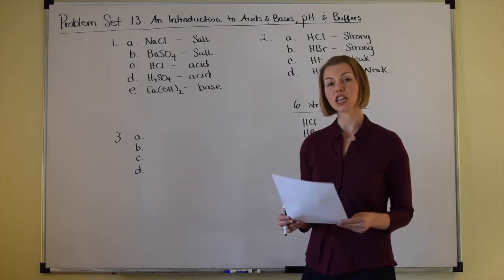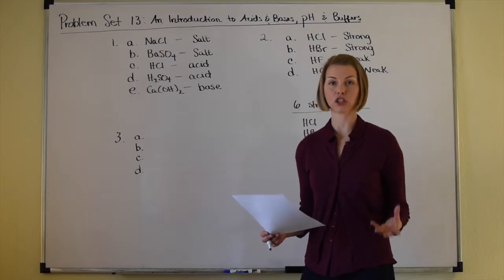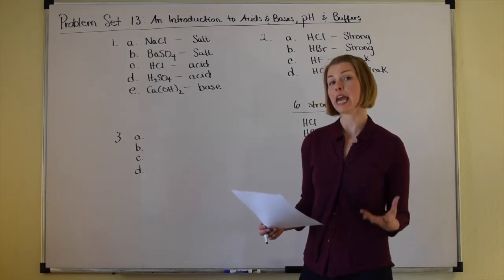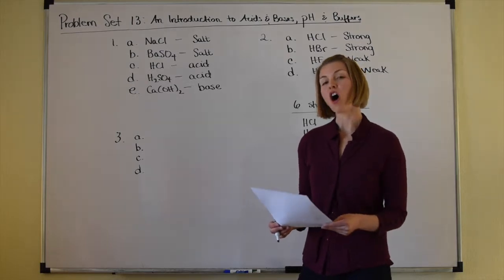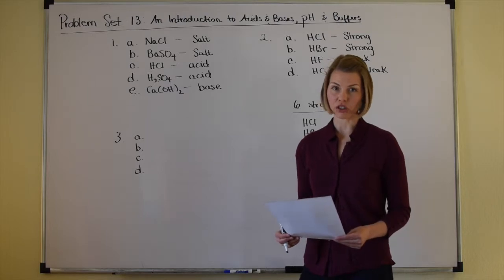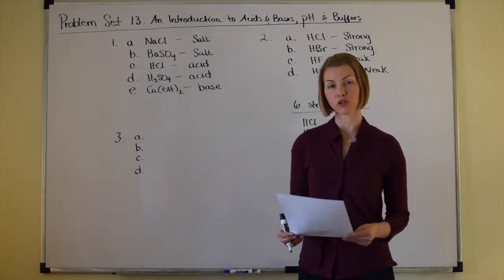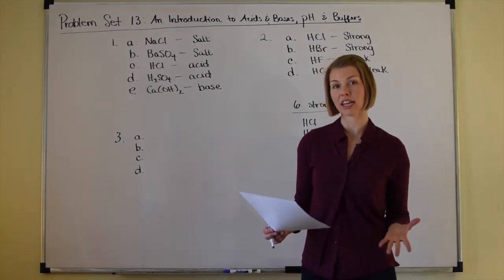So remember that an electrolyte is a substance that will produce ions in solution and therefore is capable of conducting electricity. Remember that all acids and bases will produce ions in an aqueous solution, and so therefore all acids and bases are classified as electrolytes.